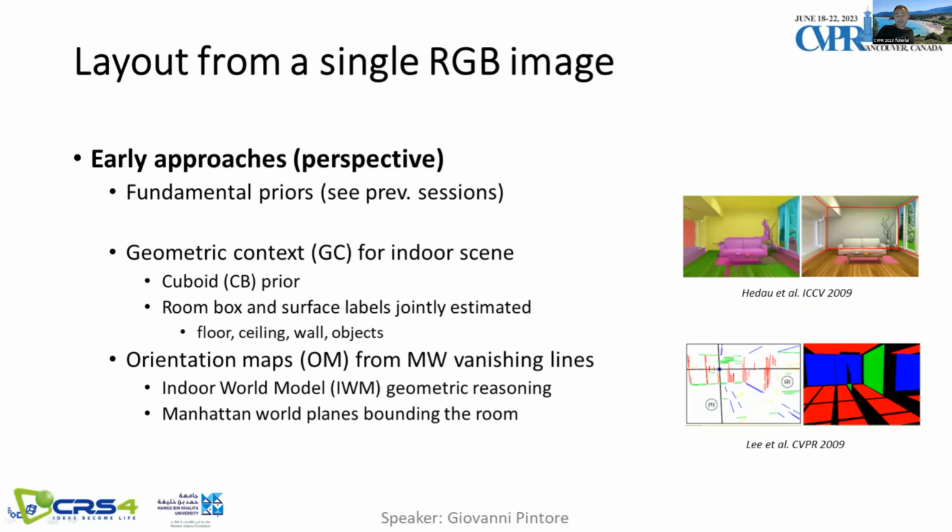In the case of geometric context for an indoor scene, related approaches try to automatically label image patches as floor, ceiling, wall or object, and then try to find the cuboid of best fit for the room. Under the same priors, other methods introduce orientation maps estimated from the Manhattan world vanishing lines from the image edge map. Here we have two fundamental examples about that.